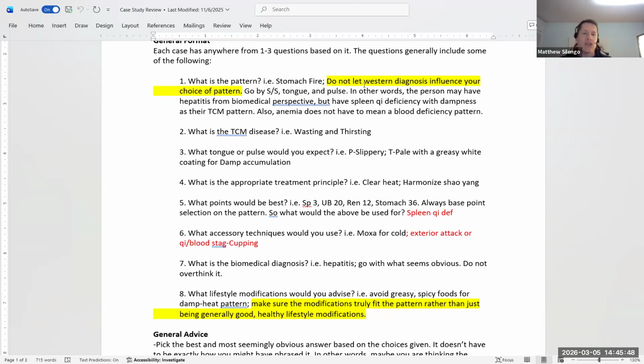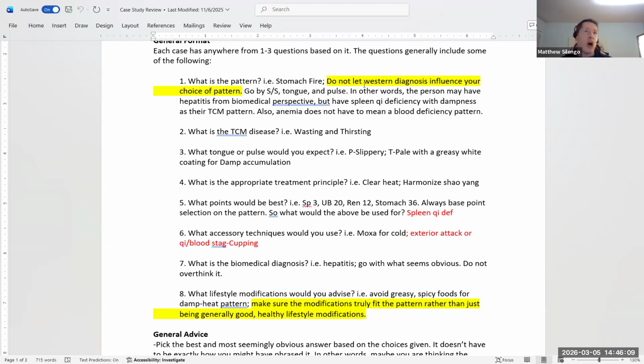Because remember, in Chinese medicine, we're looking at their signs and symptoms and deciding from a Chinese medicine perspective, what pattern does that fall into? So, in other words, just because somebody has a hepatitis from a Western biomedical point of view doesn't necessarily mean they have a liver pattern from a TCM perspective.